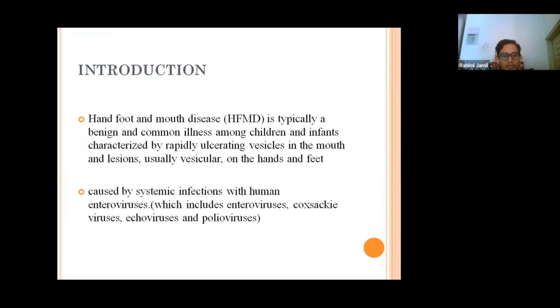HFMD is usually caused by systemic infection with human enteroviruses, which include Coxsackie viruses, echoviruses, and polioviruses. HFMD is one of the most recognizable viral exanthems in children and infants.